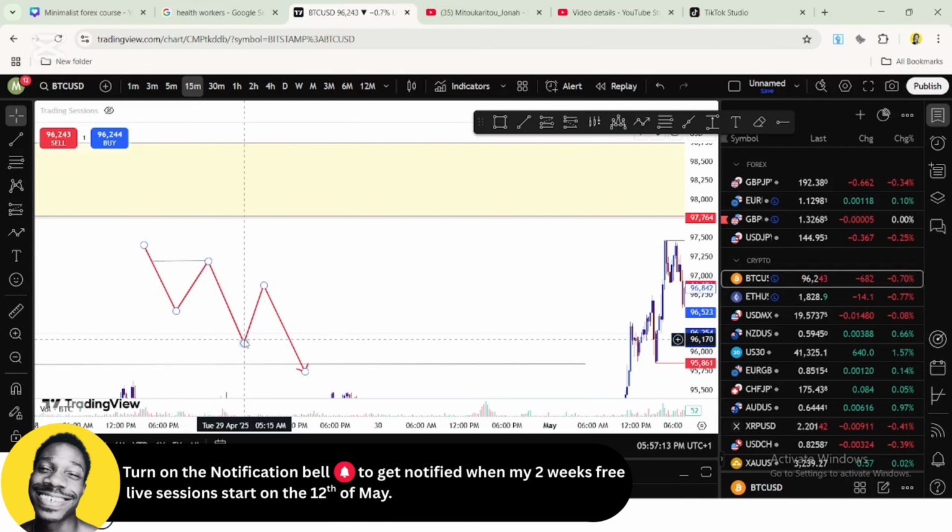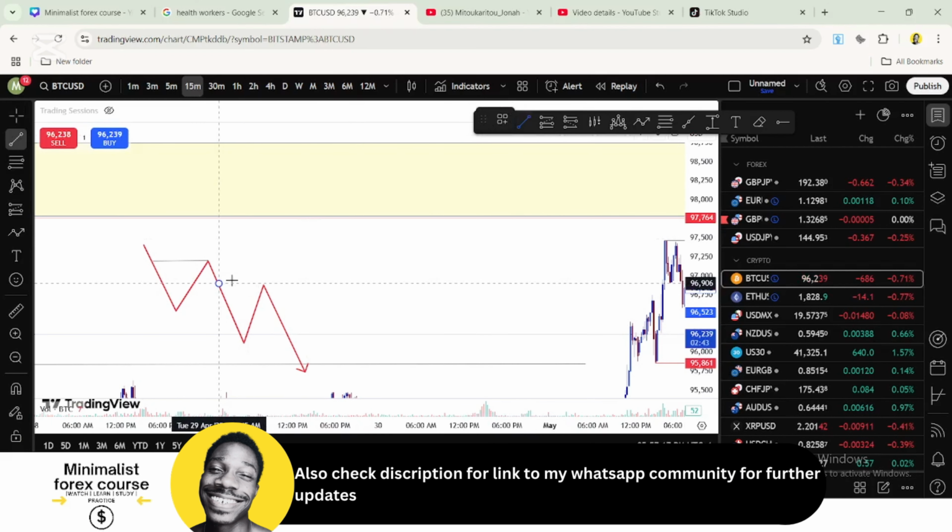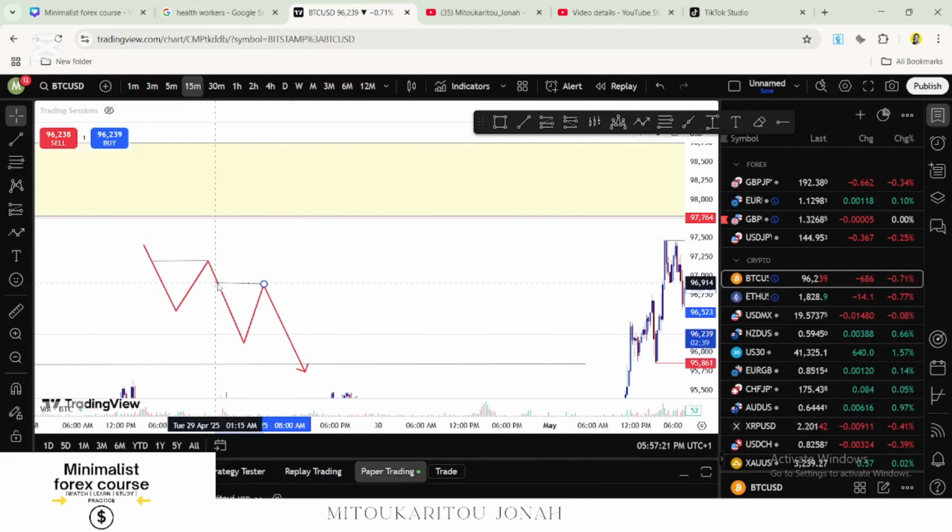And then it goes up and creates another high. Well, how strong is this high? Is it strong or is it weak? You can't tell until price from that high breaks this low. So we have strong highs in a bearish market and strong lows in a bullish market.